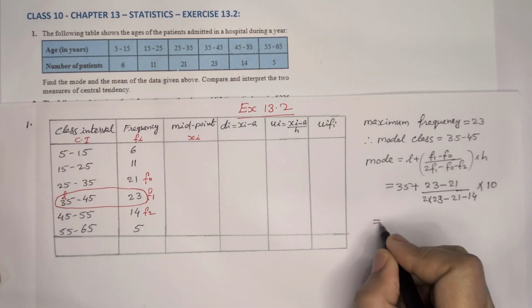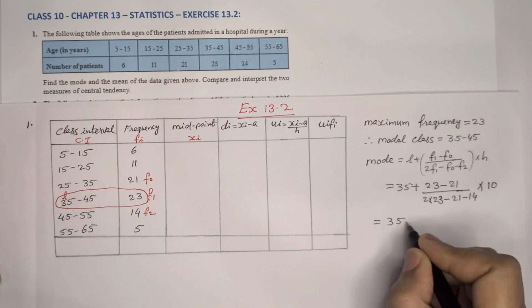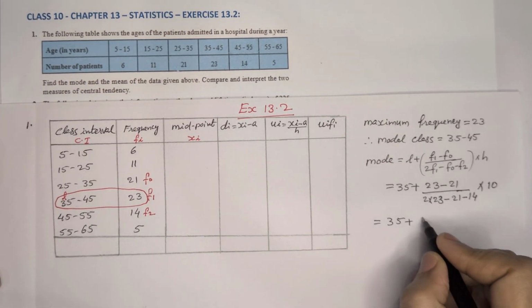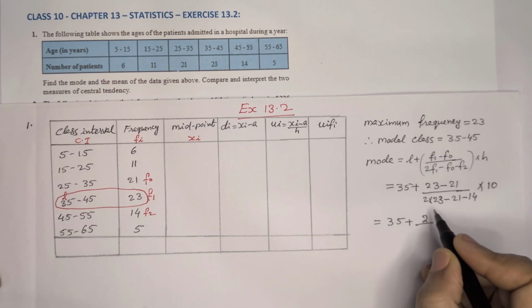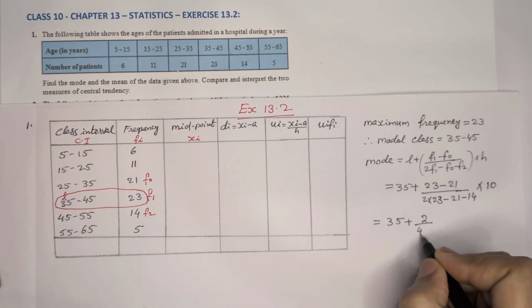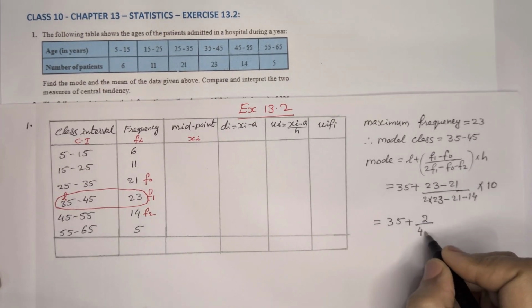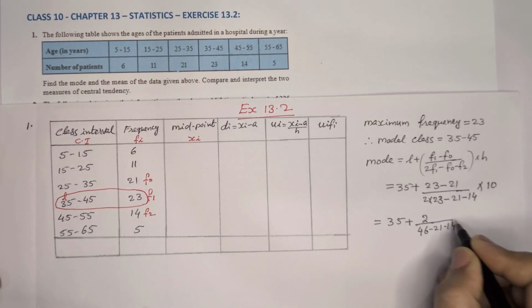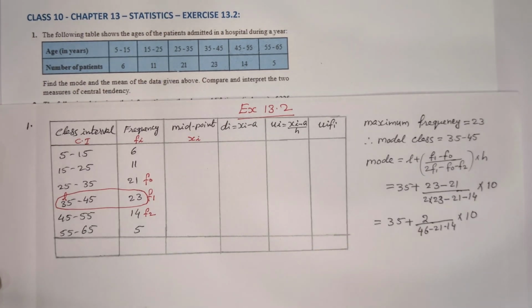When we simplify that, 35 plus, here 23 minus 21, that is 2, by 2 into 23, 46, 46 minus 21 minus 14, into 10.